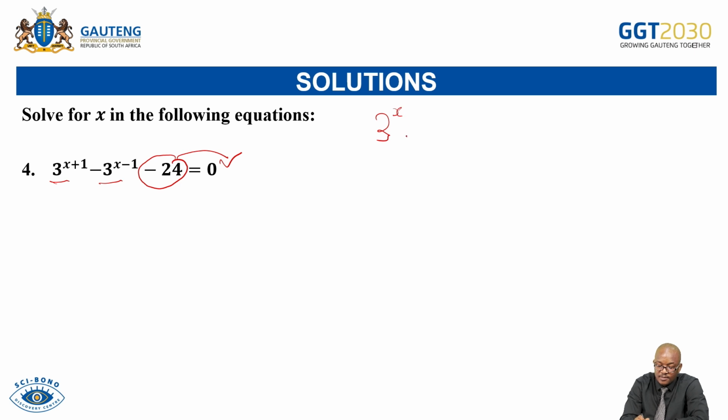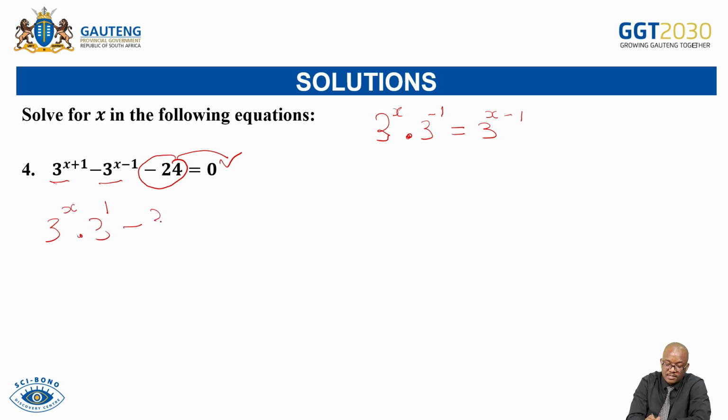We say if you were to multiply the same base, we're going to add those exponents, correct? Then that's how we're going to separate it. So we're going to have 3 to the x multiplied by 3 to the 1 minus 3 to the x multiplied by 3 to the negative 1. It's equal to 24.